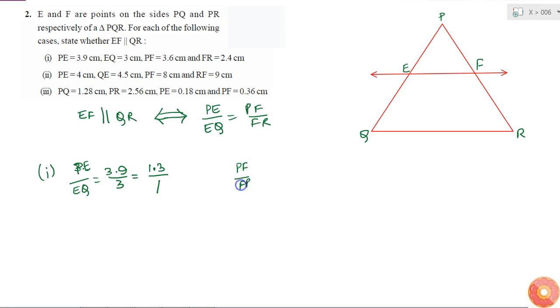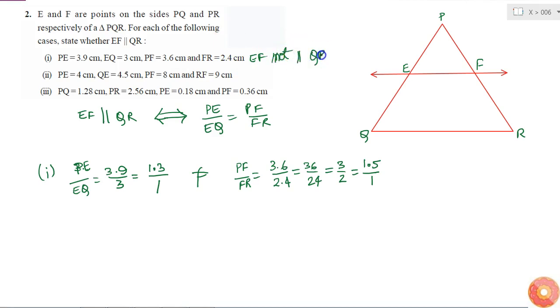PF by FR is equal to 3.6 by 2.4, which I can write as 36 by 24. I know 36 is 12 into 3 and 24 is 12 into 2, so I can write it as 3 by 2, which is equal to 1.5, or 1.5 by 1.